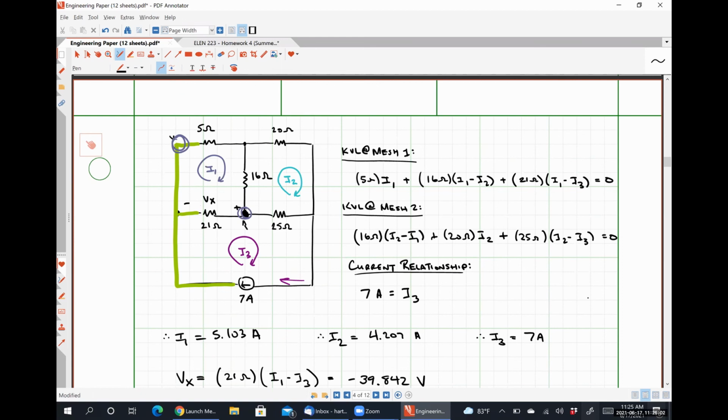So in summary, for every current source in our circuit, we should expect to have to write a current relationship equation. If the current source is in the interior of the circuit, we will also have to write a super mesh equation. If the current source is only on the outside, we don't have to write the Kirchhoff's voltage law expression.